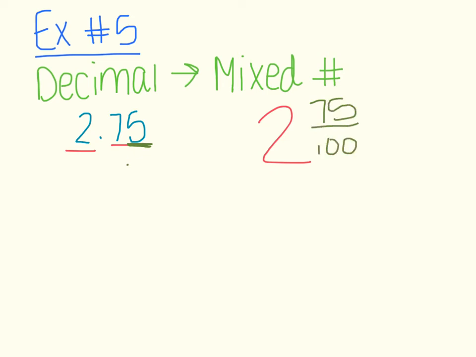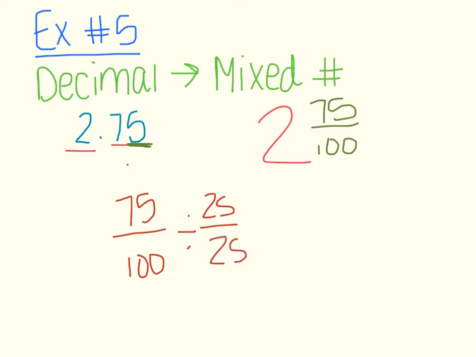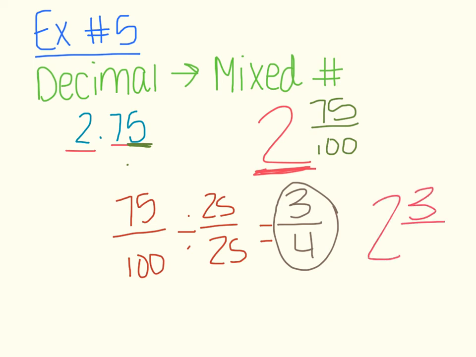Now 75 and 100 can be reduced. I'm going to do that over here. They can both be divided by 25. 75 divided by 25 is 3, and 100 divided by 25 is 4. And that is as low as it can go. So, altogether, I keep my whole number still. I have 2 3/4.